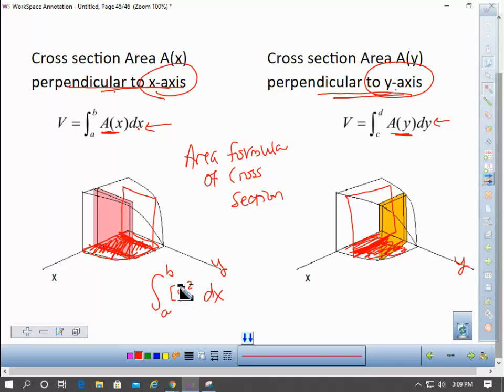And I would want to represent the side as a function of x, okay? So it would be whatever the side of your square is, side times side, side squared. All right, so this is actually much easier, I think, than the discs and washers, because all you have to do is integrate the area formula of what they're asking you to build, all right?